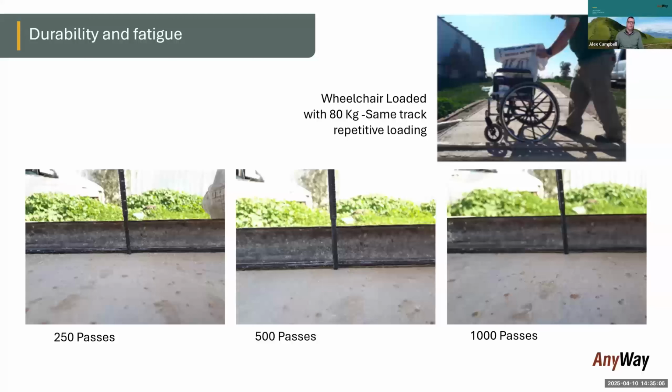And so we ran the wheelchair that was loaded to simulate sort of an 80-kilogram individual over 1,000 times, and tried to see if we could get our system to rut. And while it isn't necessarily as scientific as you could do in a lab with some sort of wheel, which we have since done as well, it was just a way of us trying to understand the system that we have and how it can contribute from a durability and a strength standpoint.